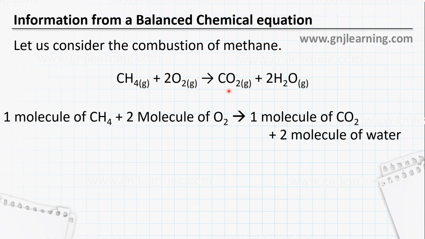You can say it in another way around. If you want to get 1 molecule of carbon dioxide and 2 molecules of water, you need to supply 1 molecule of CH4 and 2 molecules of oxygen.